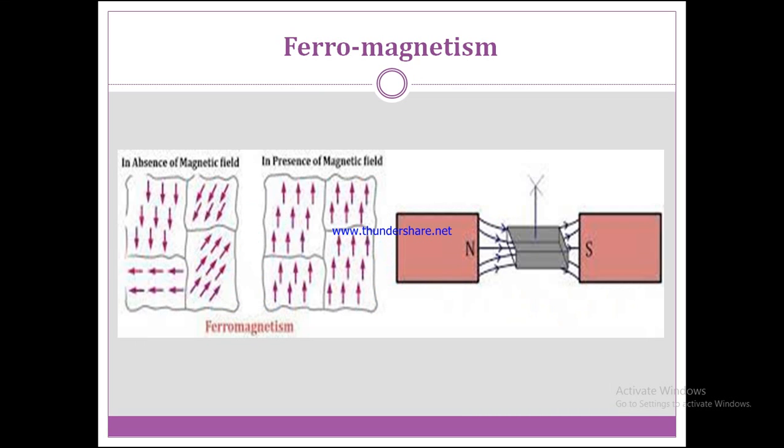The third one is called ferromagnetism. In this diagram, you can see the material has different magnetic dipole directions in different parts.